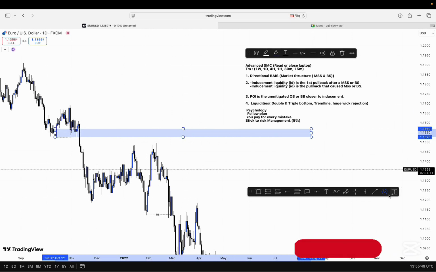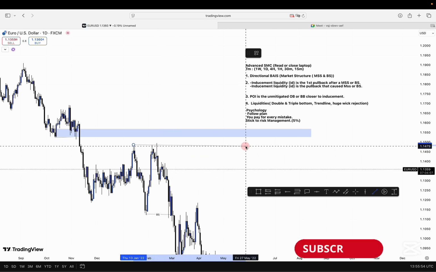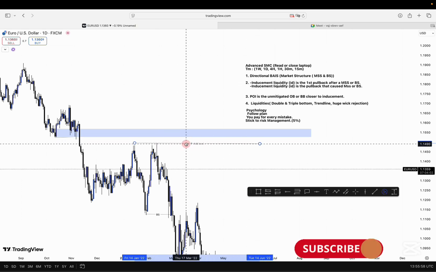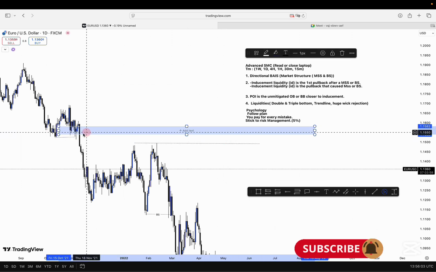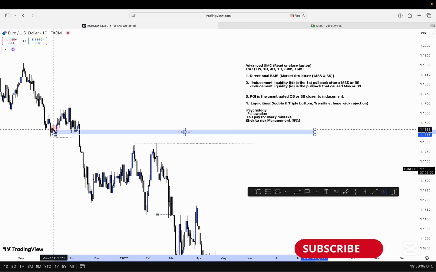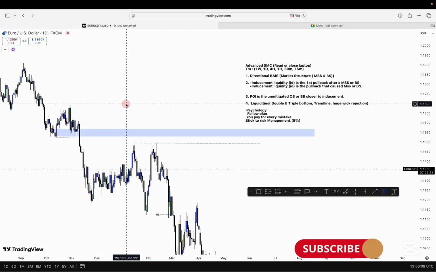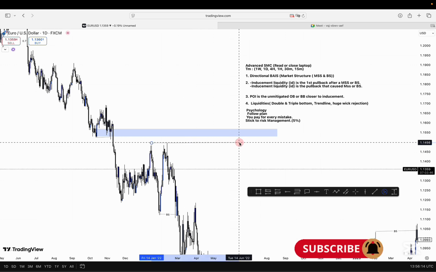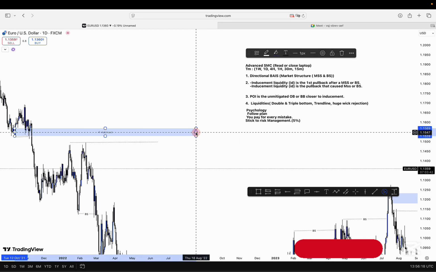And this high, since it wasn't a full pullback, we have it as our inducement to this order block, or breaker block. Let me use the breaker block rather, because price was supposed to mitigate the breaker block. This becomes our inducement here, so whenever price pulls back to this in the future, it has to respect here.